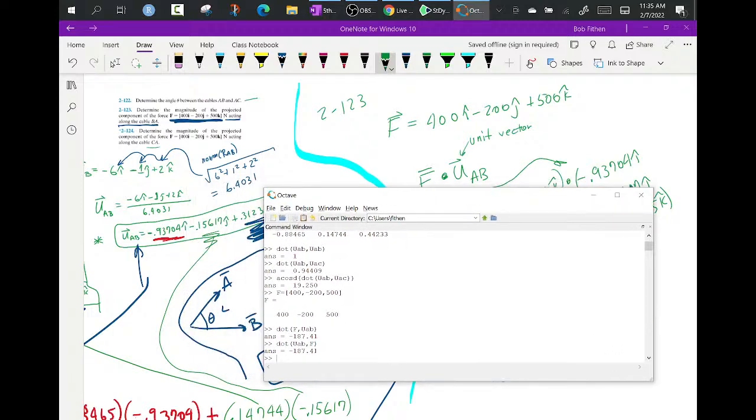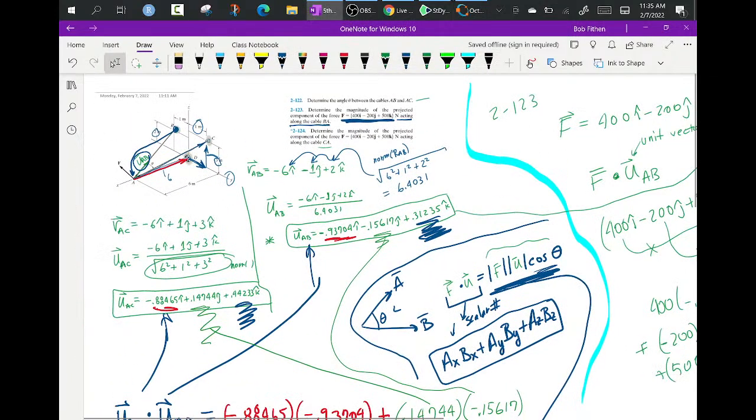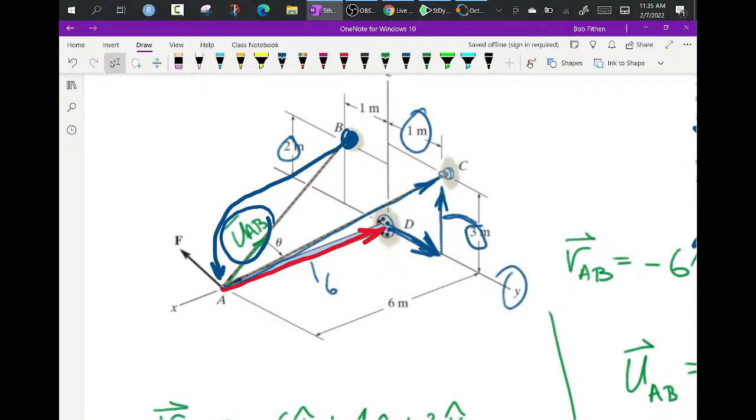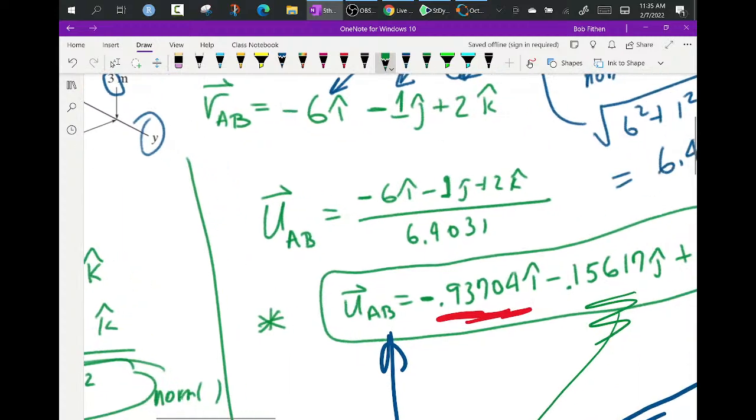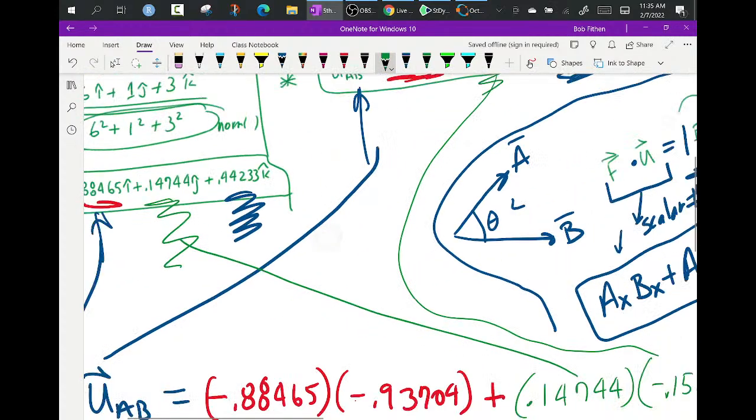Let's take a look back at the picture and zoom in on it. This is not really that good a picture, but this is pulling away, and my vector is going this direction. So if it was positive, it would be going this direction. Since it's negative, it's going that way. So it's not a big deal.